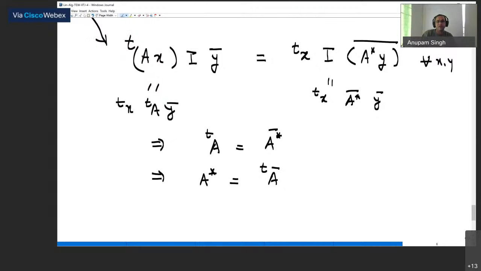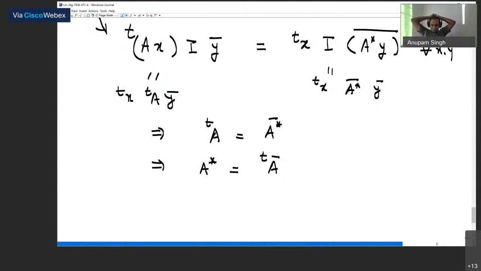Often in basic textbooks, they tell you that the matrix of the adjoint A star is always A bar transpose. This may not be quite correct actually. They always confuse that with a fixed orthonormal basis, sometimes without saying so explicitly.